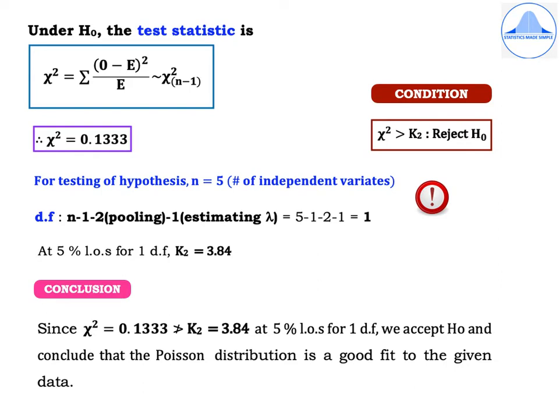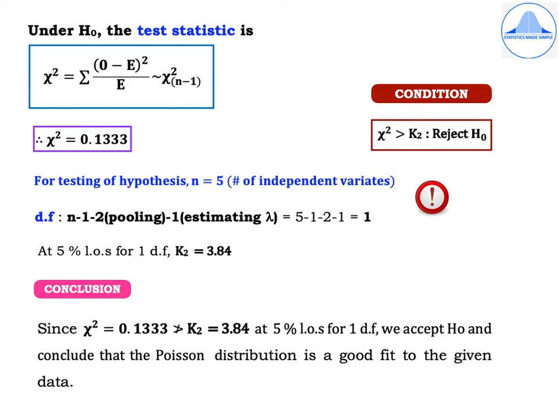So you get the degrees of freedom as 5 minus 1 minus 2 minus 1, which is equal to 1. So at 5% level of significance for 1 degree of freedom, the K2 value from the statistical table is 3.84.